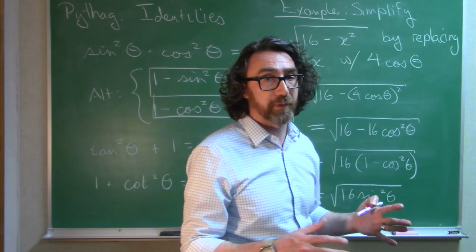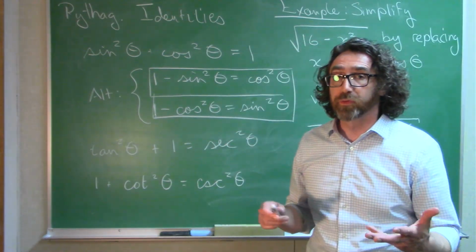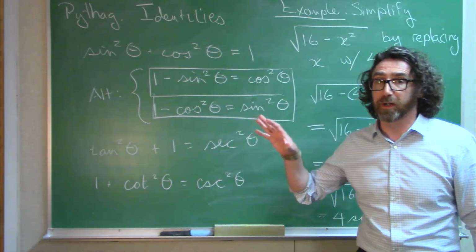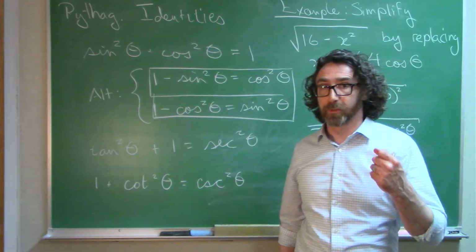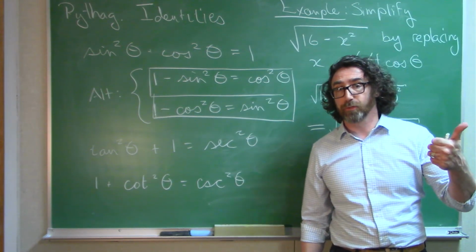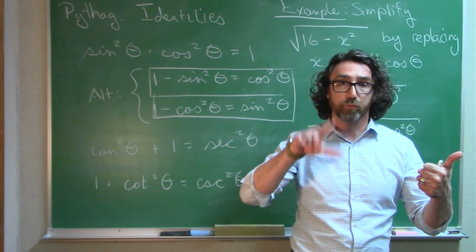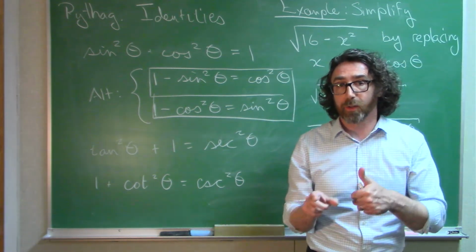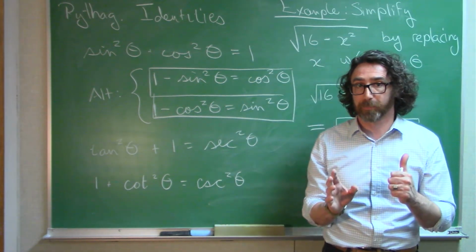Okay, so a couple of examples of using the identities that we've discussed earlier to simplify trig functions. So the basic principles involved are, number one, if you've got a trig expression, rewrite everything in terms of sine and cosine exclusively.